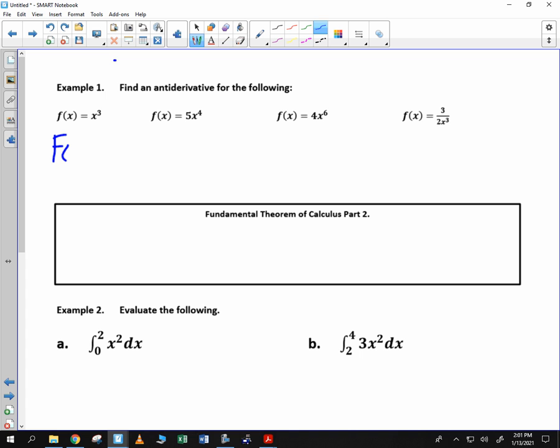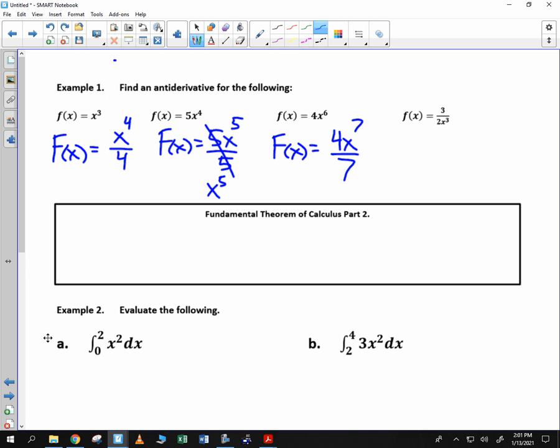Here, the antiderivative, or big F of x, is going to be x to the 4th over 4. Done. Big F of x is going to be 5x to the 5th over 5, or x to the 5th. Big F of x is going to be 4x to the 7th over 7. Done.